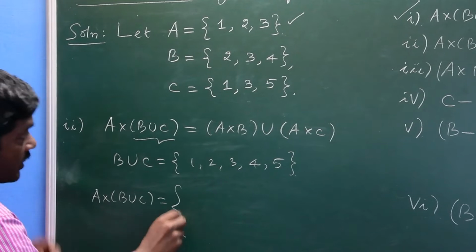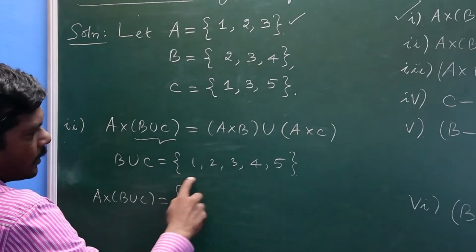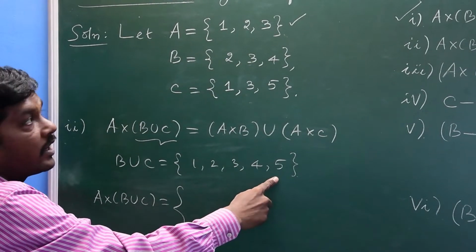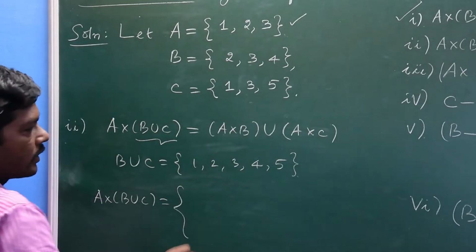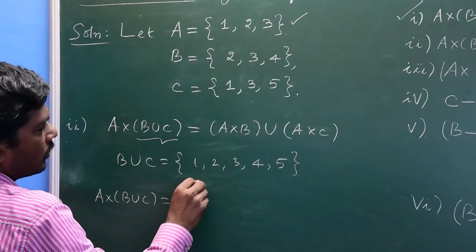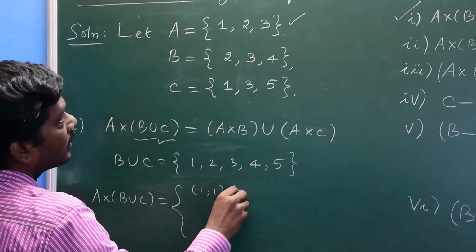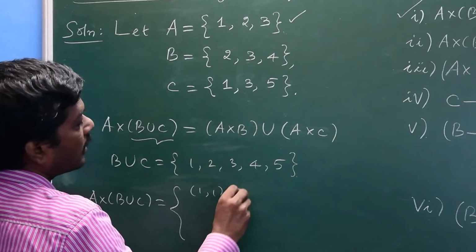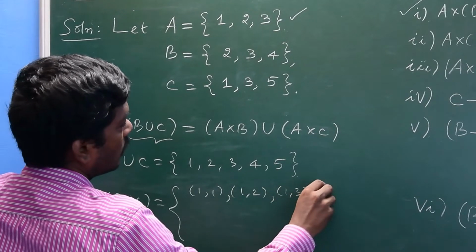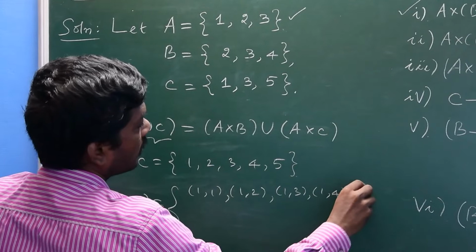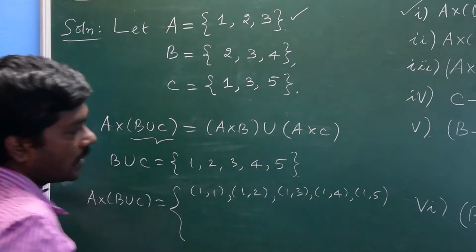Okay, now let us find out A cross (B union C). So what is A cross (B union C)? See, A has 3 elements, whereas B union C has 5 elements. So 3 fives are 15. So there should be 15 elements. They are (1,1), (1,2), (1,3), (1,4), (1,5).